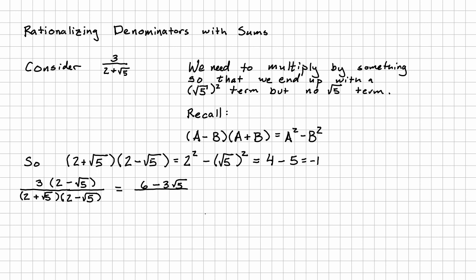And my denominator, I already worked this out, I get -1. Or, simplifying that, I've just got -6 plus 3 root 5. Let's confirm that that actually worked by entering both of those on the calculator.